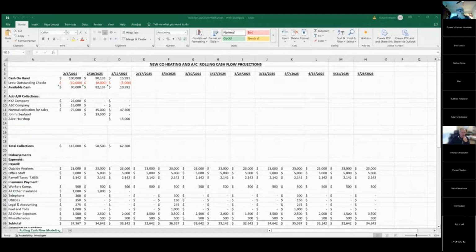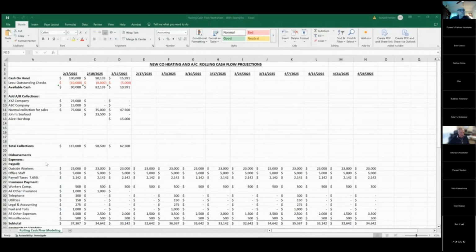Down here, you're going to take out your expenses, things you have to pay other people for in cash. Your biggest one is your workers. Your workers aren't going to take an IOU. They want cash in their account every week. I've got this broken down by office workers and outside workers.